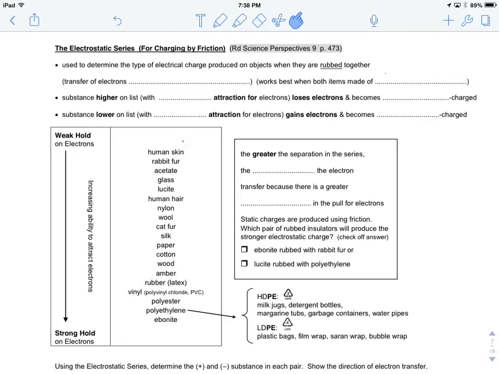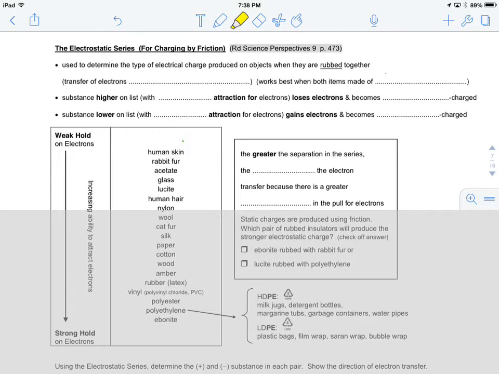So we're talking about a concept known as charging by friction. Of course, we've looked at this before. When you rub two things together, you get friction. This is found in your textbook on page 473. So we're going to use the electrostatic series to determine the type of electrical charge when things are rubbed together.